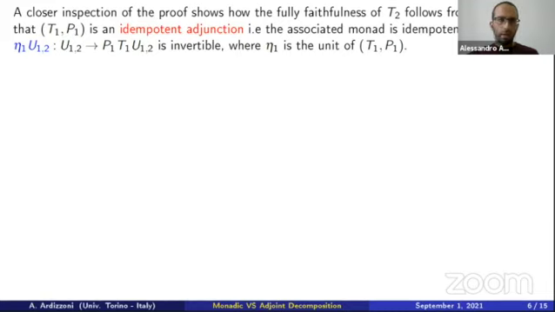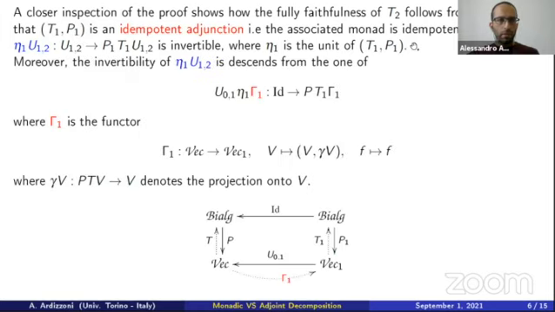And this can be characterized by saying that this natural transformation is invertible. This is the forgetful functor, and eta 1 is just the unit of this adjunction. Moreover, the proof tells that the invertibility of this natural transformation comes from the invertibility of another natural transformation that you can see here.